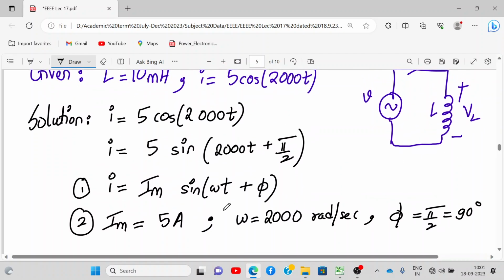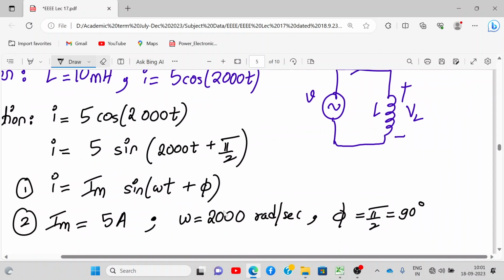Now, what is VL actually? For an inductor, VL will be I into XL. AC voltage is current into resistance, but here it will be current into impedance, here the reactance. We write I into Z, and Z for a pure inductor is XL.